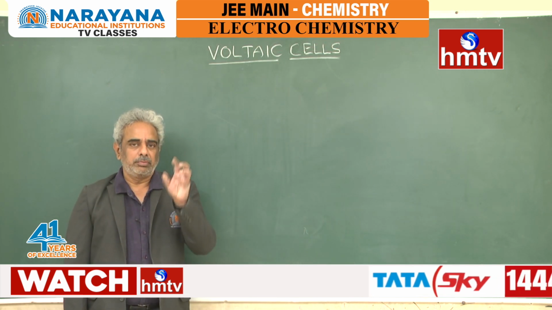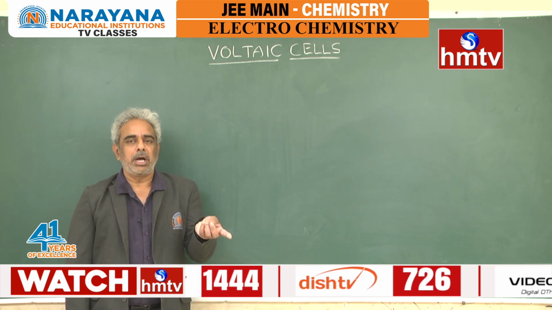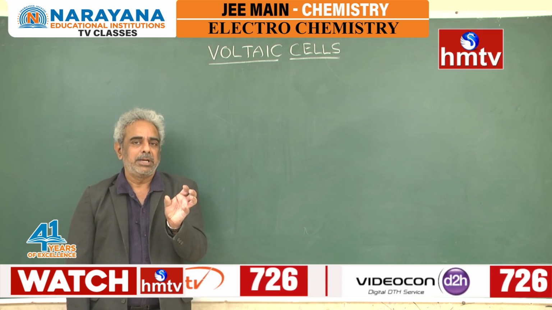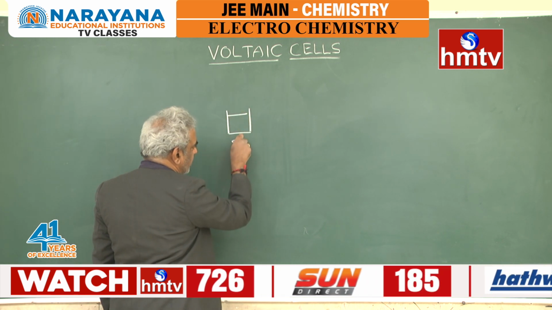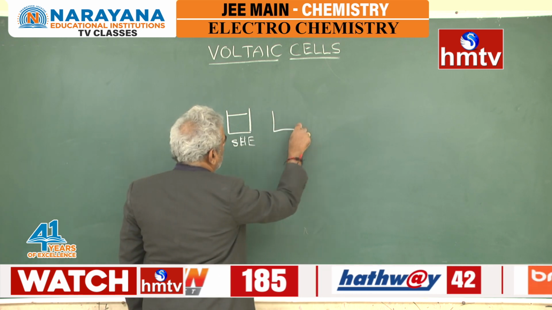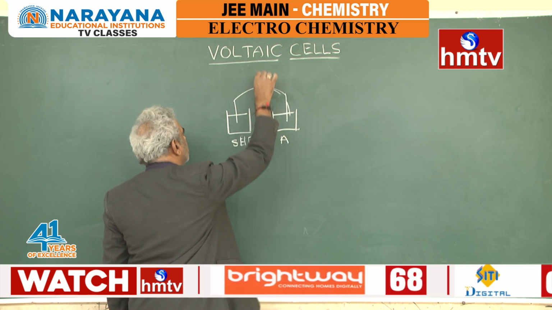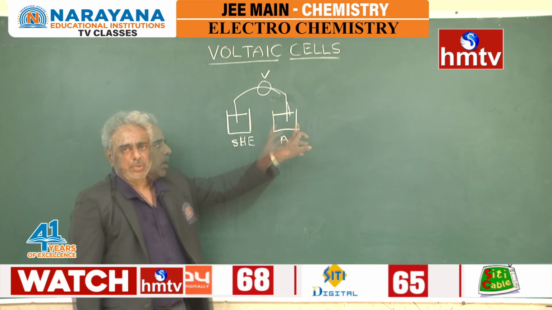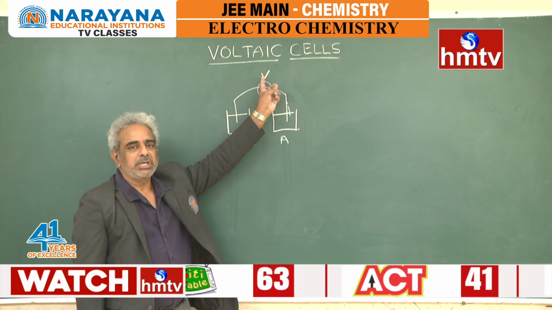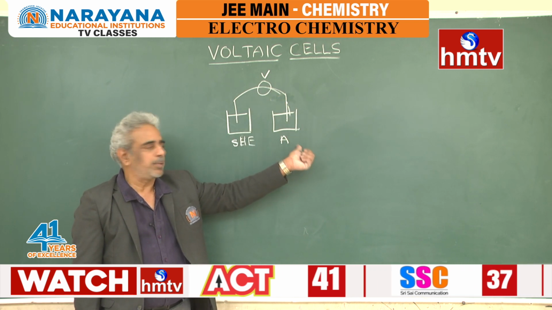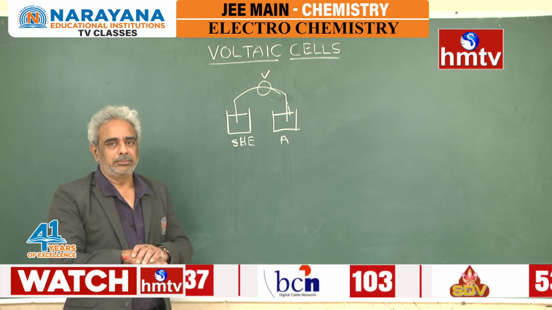As I told you, one reference electrode and this particular electrode are made to serve together as one cell. So, standard hydrogen electrode, let us say as a reference electrode, and the other electrode, some A, will make a cell with some voltage. And you now understand, this being 0.0 volts, whatever potential is recorded here is the potential of this particular A. But under what conditions is that potential recorded?